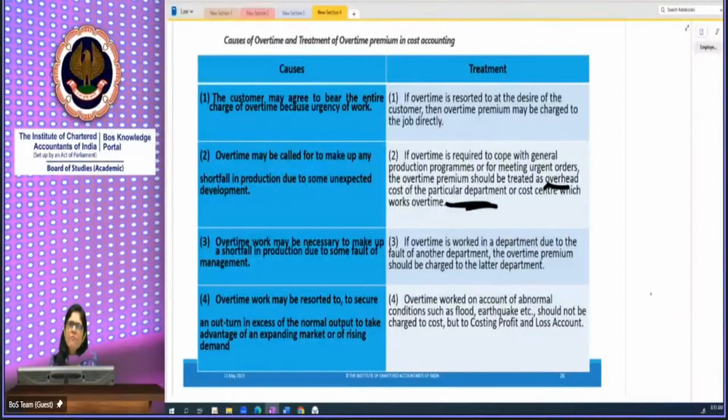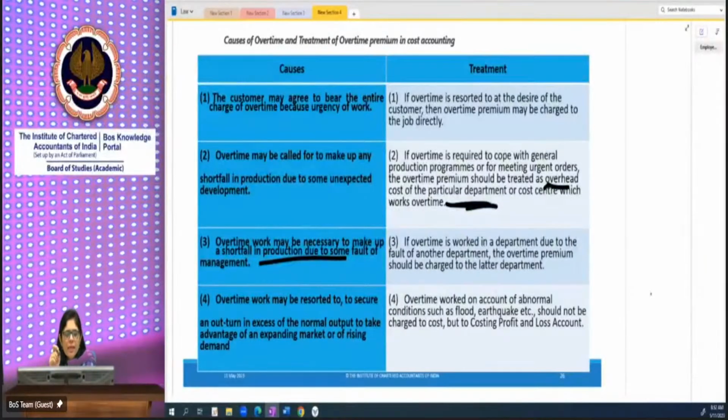So overtime will be added to the cost of that particular department only. When overtime is because there was a shortfall in production, a fault of the management, it is an abnormal reason. It is a controllable abnormal cost. So whichever department is at fault, it will be charged to that department.